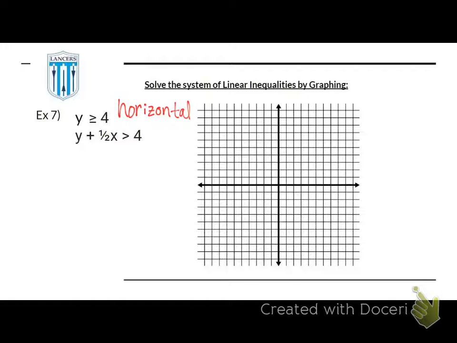This horizontal line will start on the y-axis at 4, and it will go which direction? Left to right. Horizontal lines go left to right. And this line will be solid because it's got that equal to bar. Where will we shade? Above, because it is a greater than symbol.